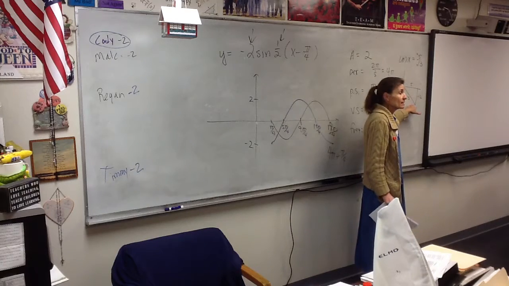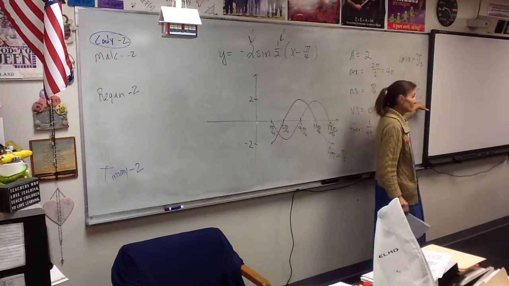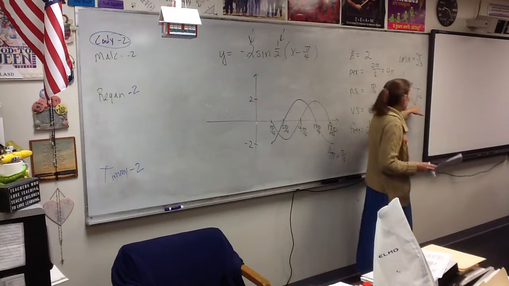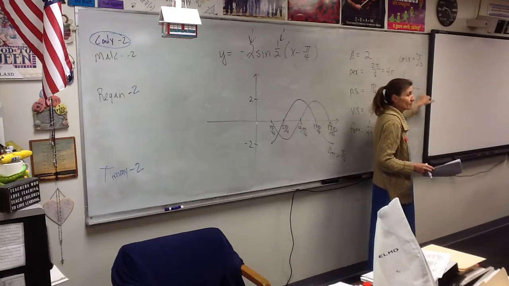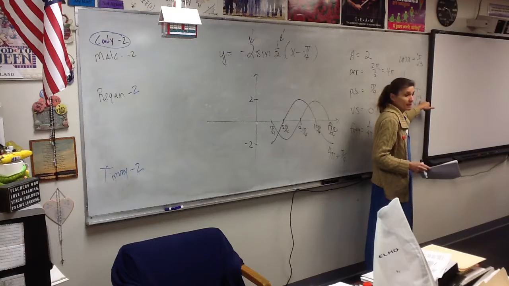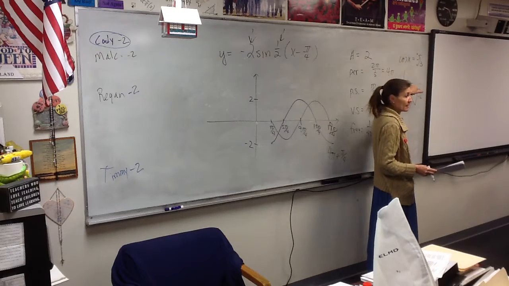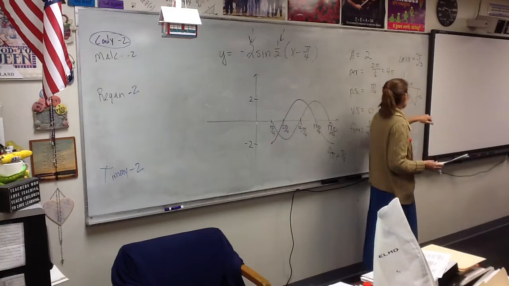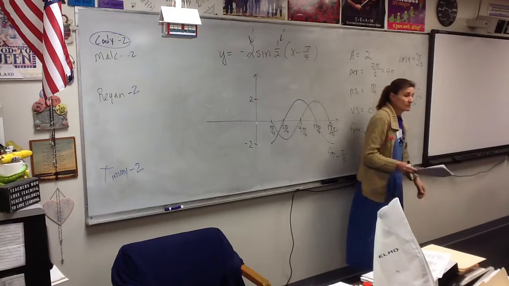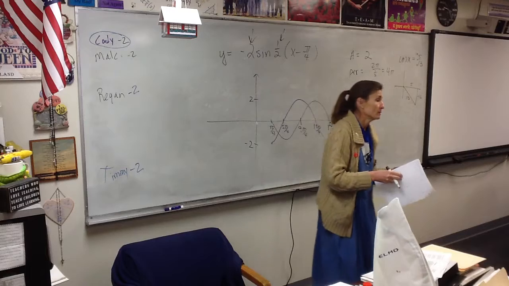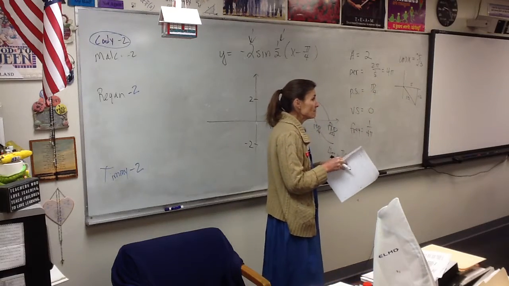What would the cosecant be? -13/12. What would the cotangent be? -5/12. The tangent, -12/5. And the secant, 13/5. Everybody good with that?